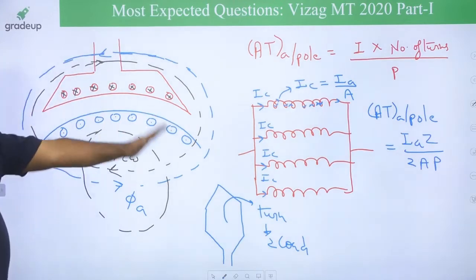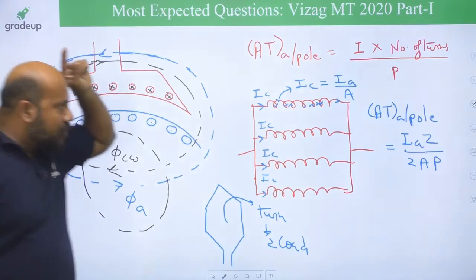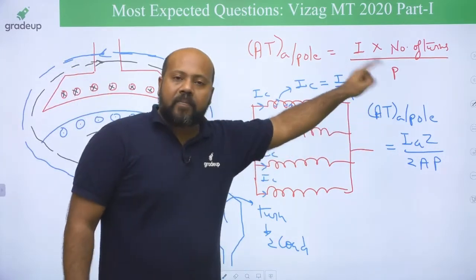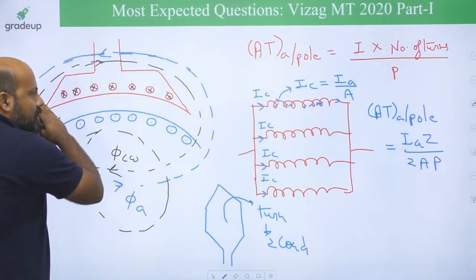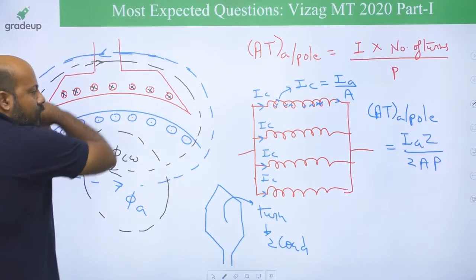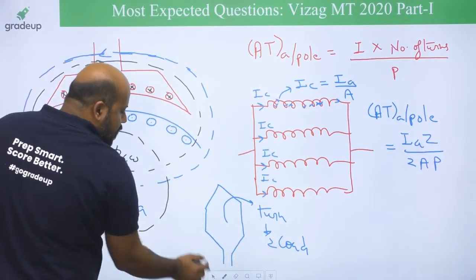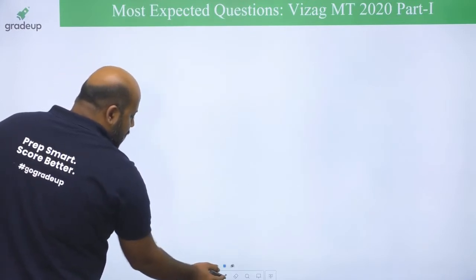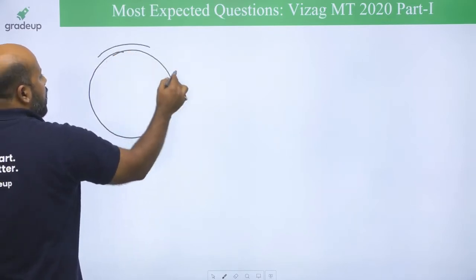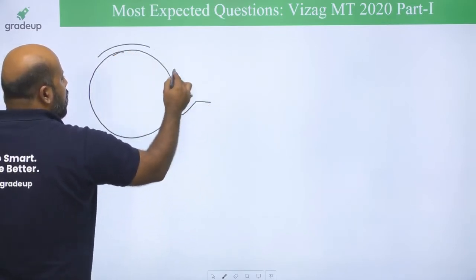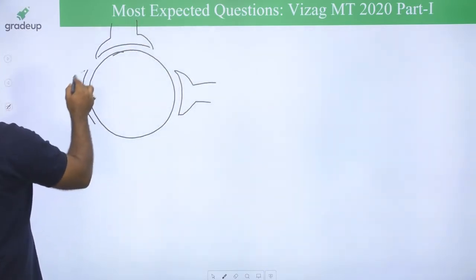Now you want to compensate. When you have found the ampere turns of the armature winding per pole, it means it is giving you the compensated armature conductor ampere turns for 1 pole pitch. It means if this is your machine and suppose you have 4 poles like this.